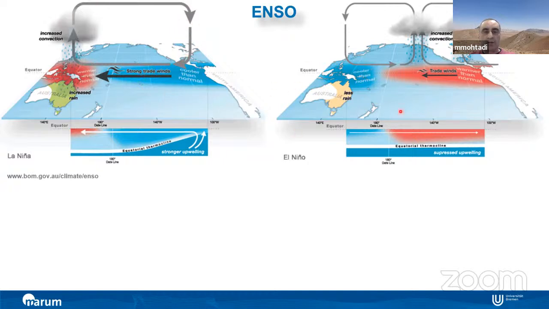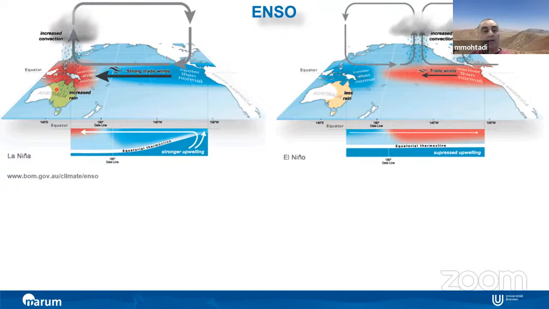And during El Nino years, as you all know, this circulation is in part reversed or weakened, and sea surface temperatures are rather cool or cooler than normal in the maritime continent.